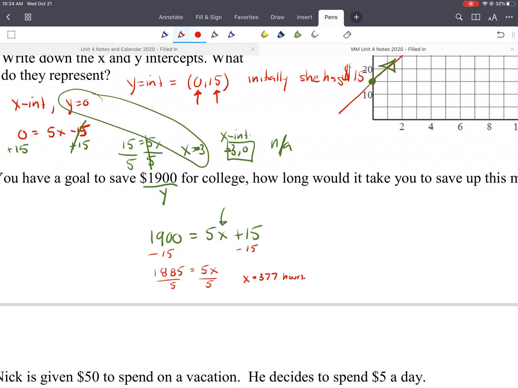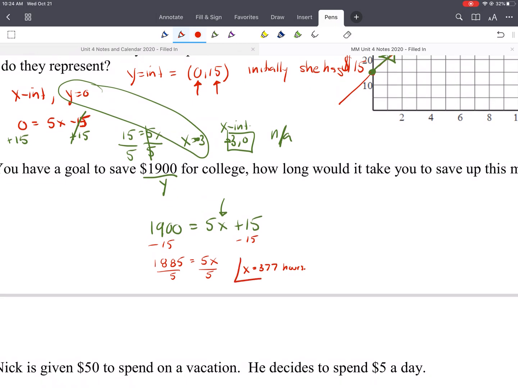If you divide that by days, that's almost 16 days. So you'd have to be babysitting constantly for that many days, which is kind of crazy. But you can do it. You can save that money to go to college. Okay? All right.